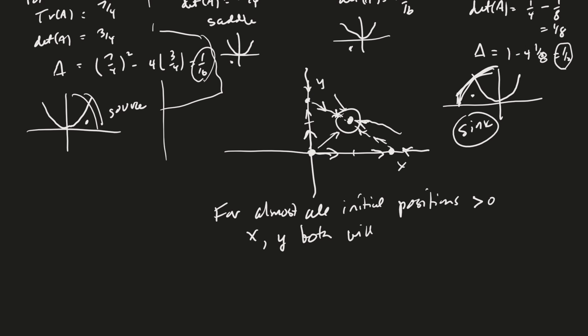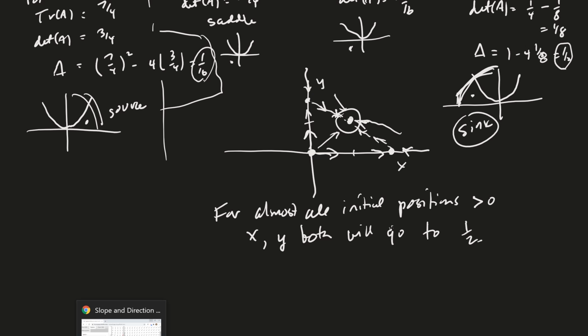If we're on the axes, then we don't have this, but then X and Y will both go to 1/2. So 50-50, a nice beautiful sharing arrangement between the rabbits and the hamsters.